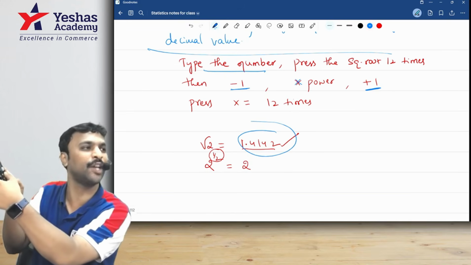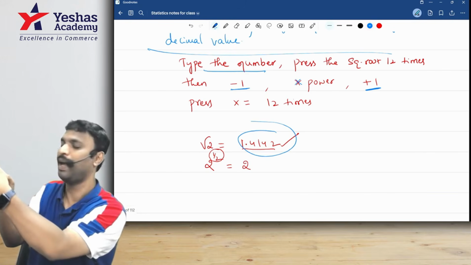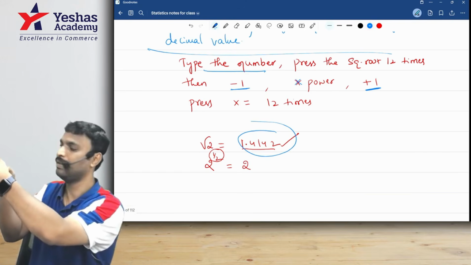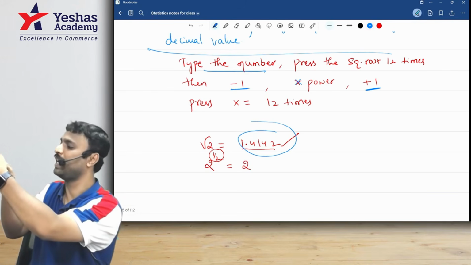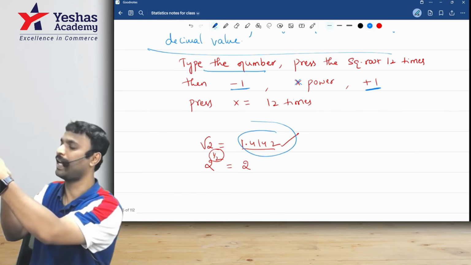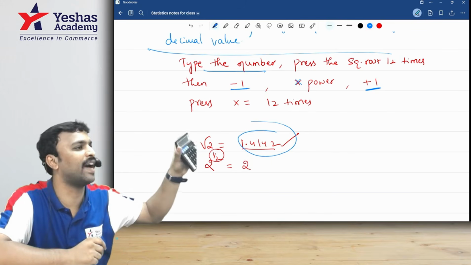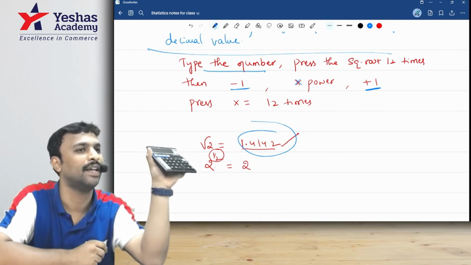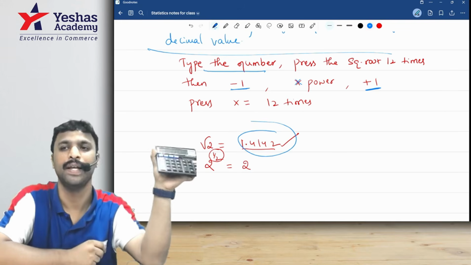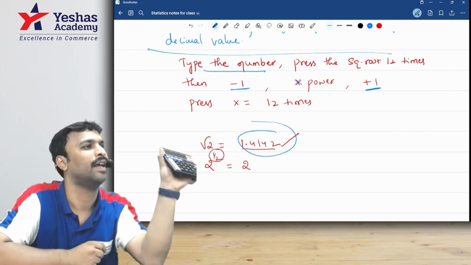When you press equal, then only count, as a pair. 1, 2, 3, 4, 5, 6, 7, 8, 9, 10, 11, 12. How much? 1.4142. Got it? Everybody, say yes or no.